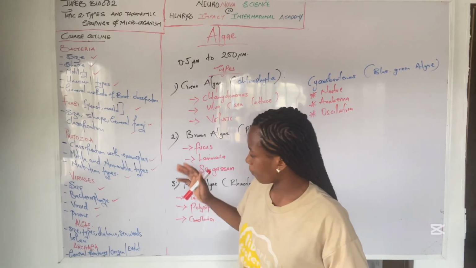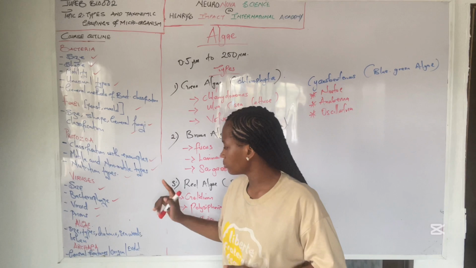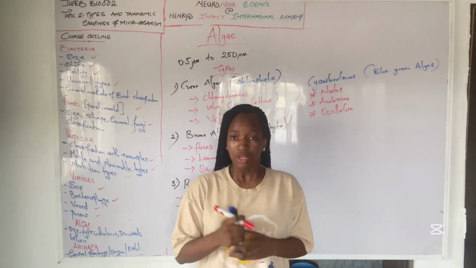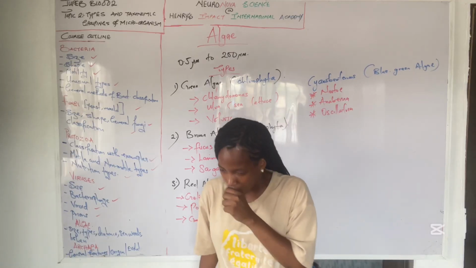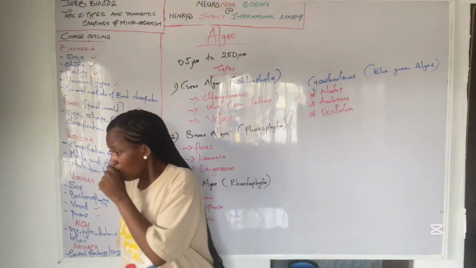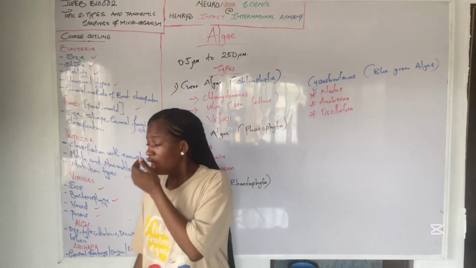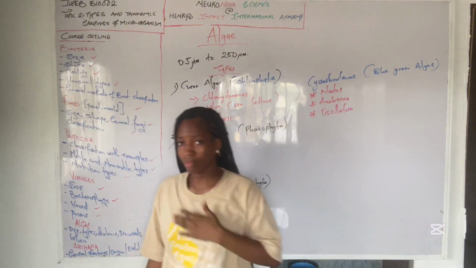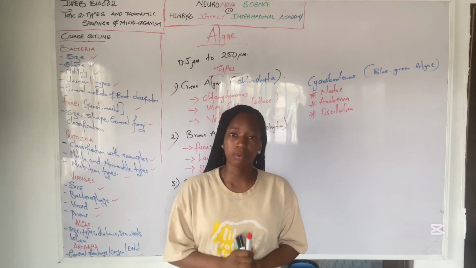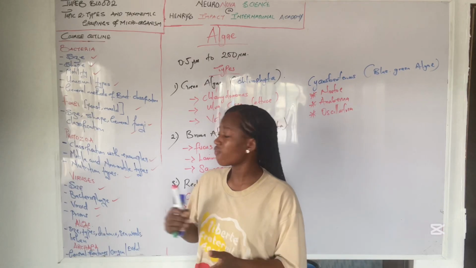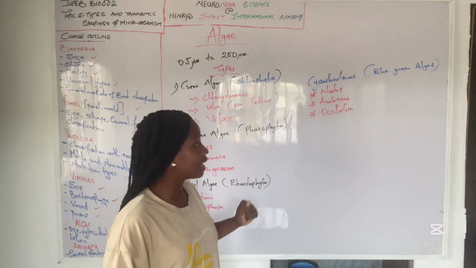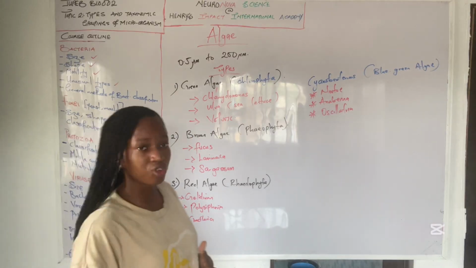And now your syllabus wants us to talk about your seaweeds. Like I said, your seaweeds are divided into your phaeophytes, your brown algae, your red algae, and your green algae.